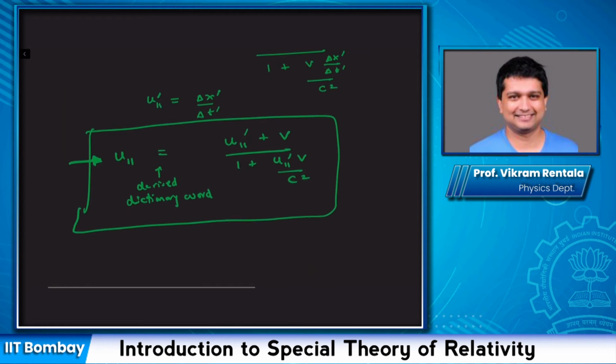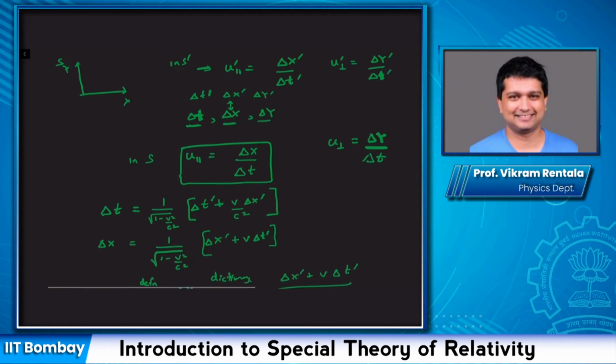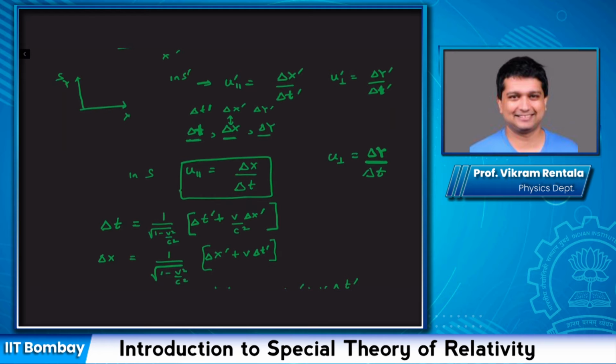And now we can do something similar for u perpendicular. For u perpendicular, we need to know the dictionary for delta y. So delta y would just be delta y prime.